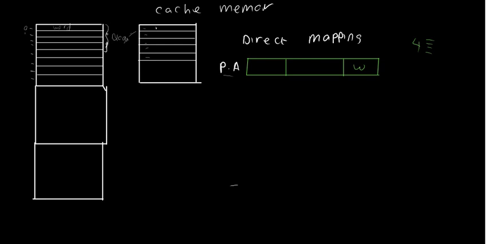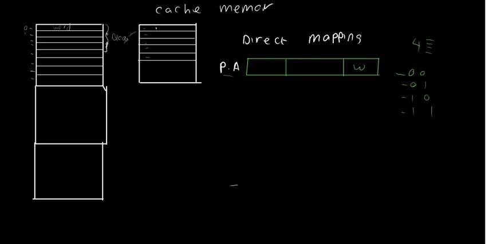In our instance, where let's say the block size is 4, we're going to have 2 bits: 00, 01, 10, 11. So we can say, okay, this is the first word, second word, third word, fourth word, right? So these bits here are used to determine what word we're using.